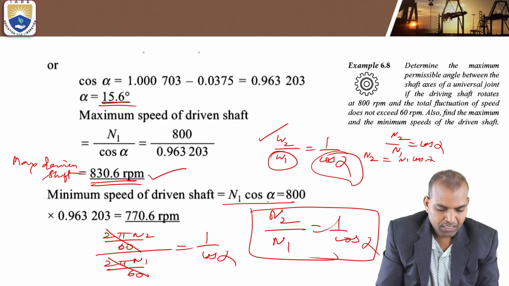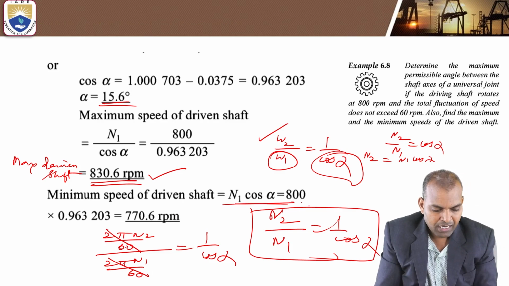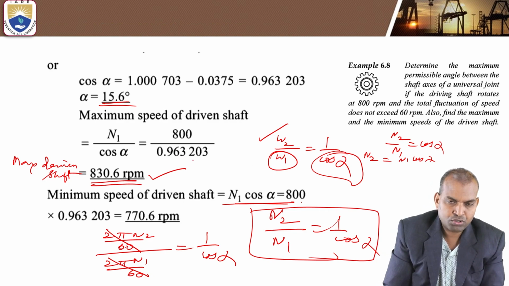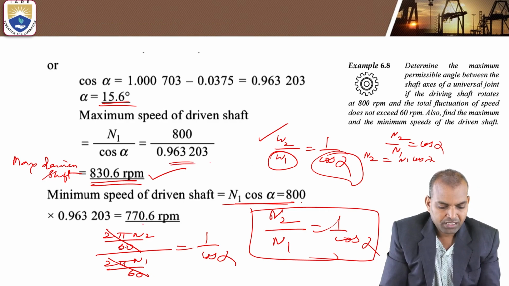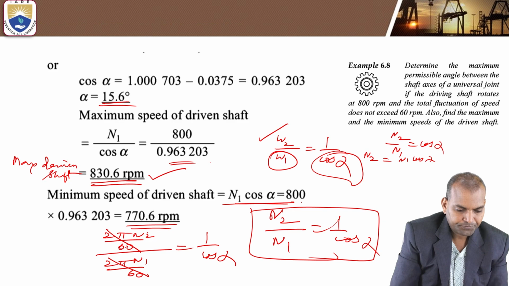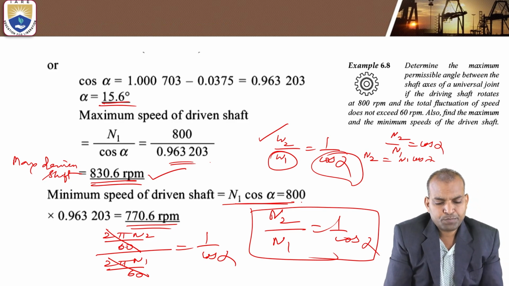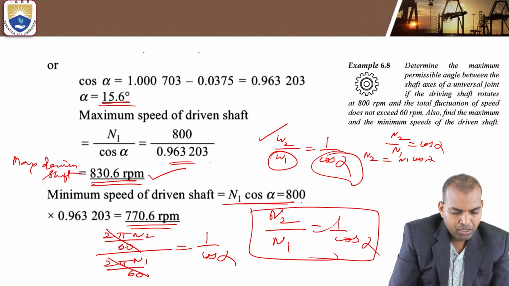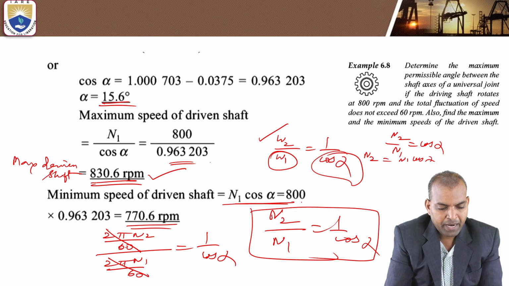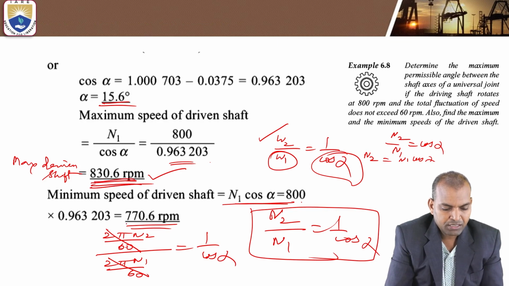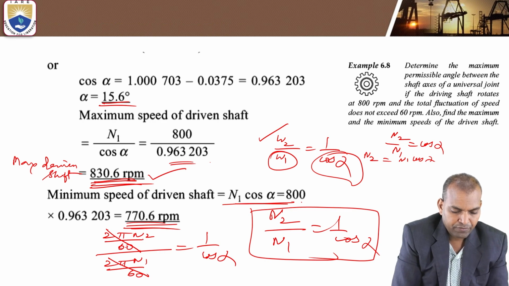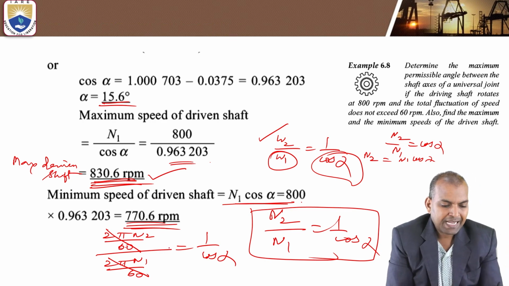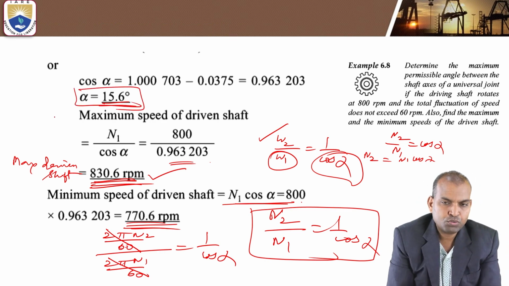That is N1 cos alpha, 800 times 0.963203, that is 770.6. Now, after observing these values, one is the maximum value and the other is the minimum value. Minimum speed is 770.6 revolutions per minute, at an angle of inclination between the two shafts of 15.6 degrees.